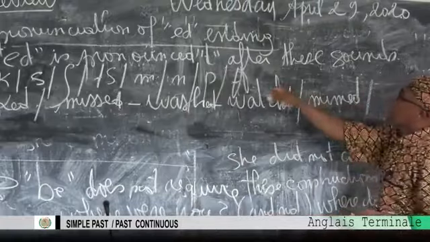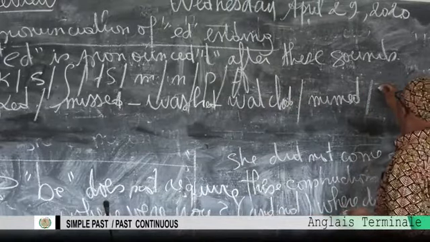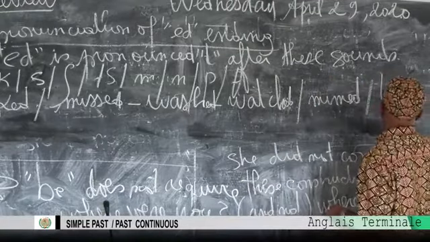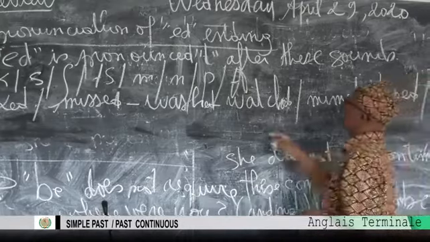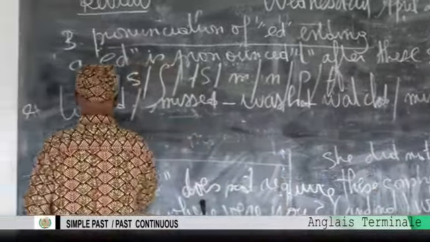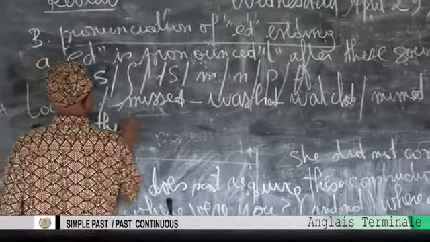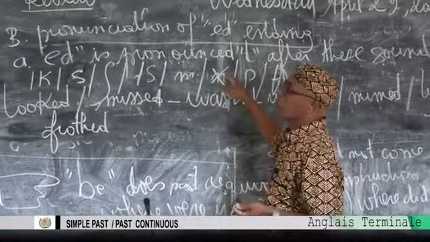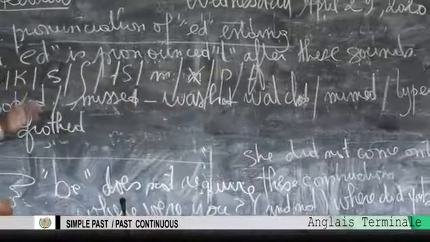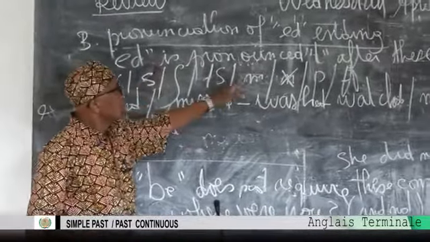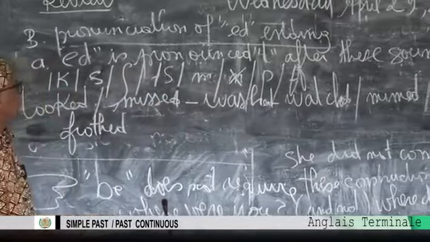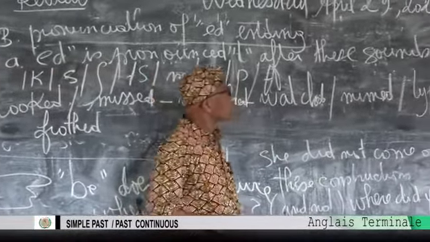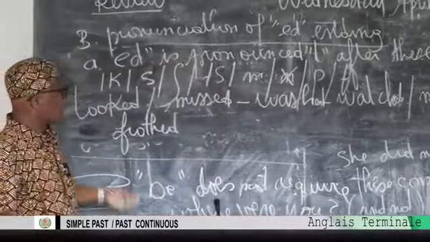P, like typed. Th, like frost. Okay, sorry, n is not part of the sound. So k, s, sh, ch, m, p, th. Looked, missed, washed, watched, mimed, typed, and frost.